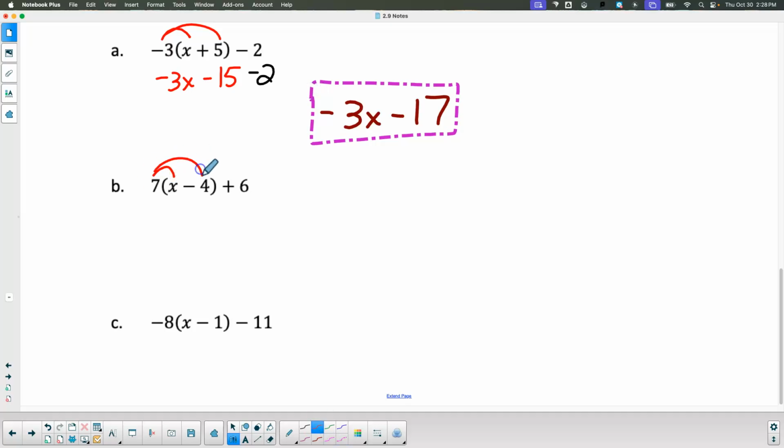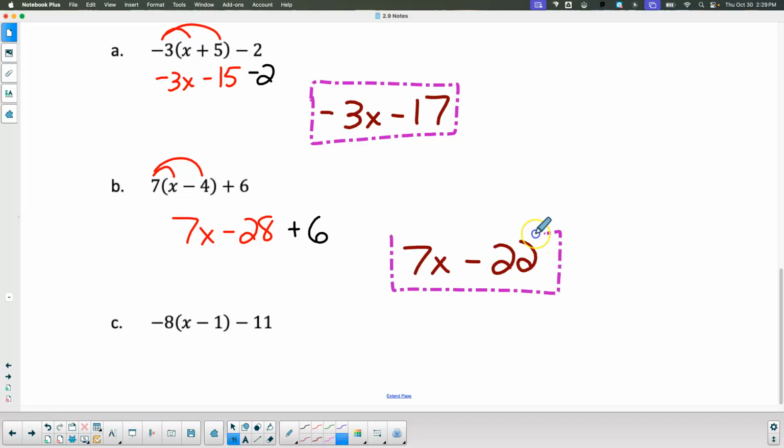Here on this one, I would distribute in the 7. Gives me positive 7x minus 22. And then here I would distribute in the negative 8.